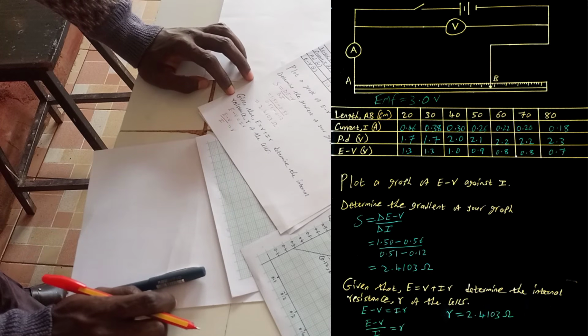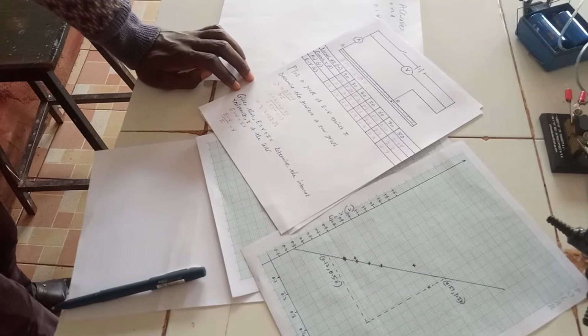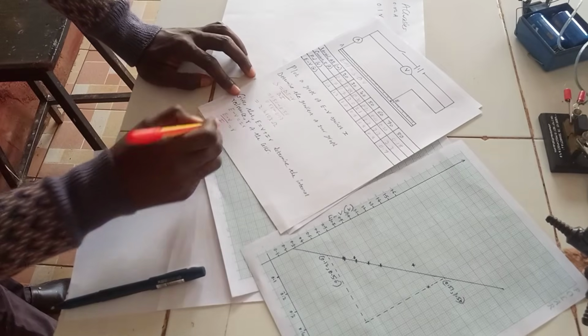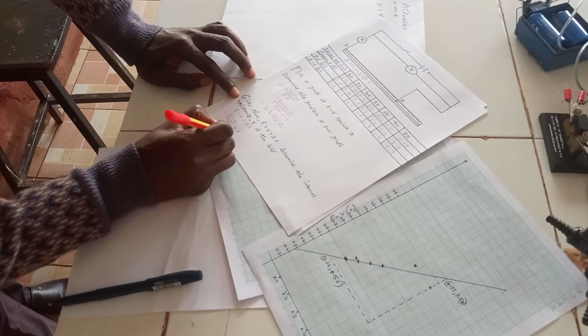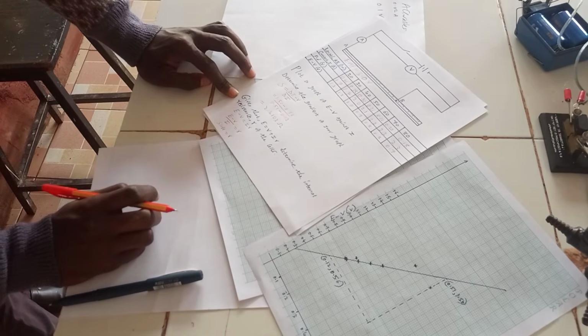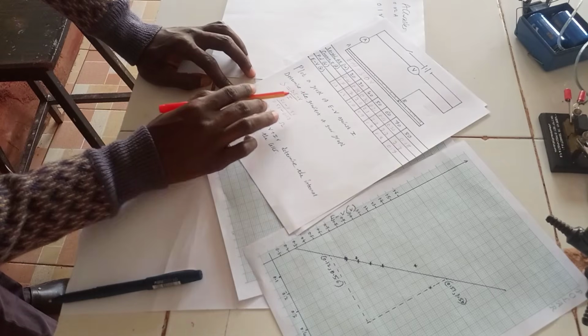E minus V divided by current is equal to the internal resistance, and this simply implies that the slope is equal to the internal resistance, because E minus V over I is the slope. We have the slope here.